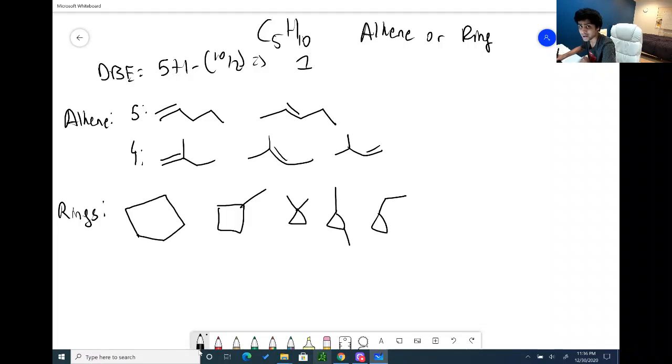So those are your 5 rings. So then we found a total of 10 constitutional / structural isomers.